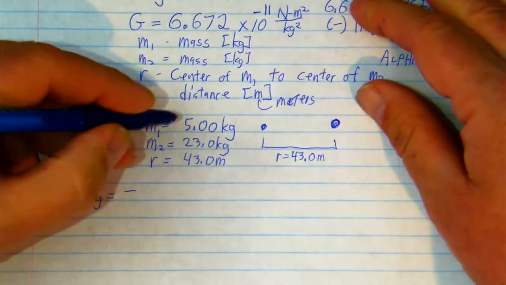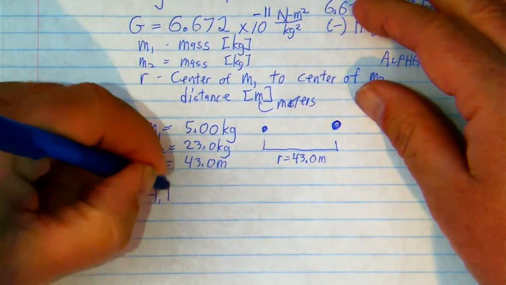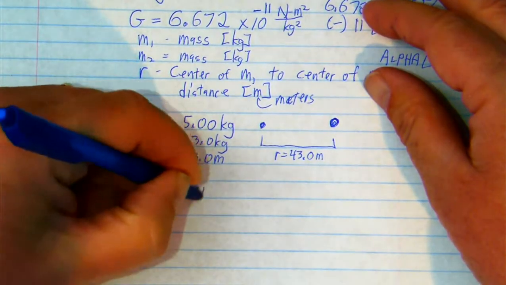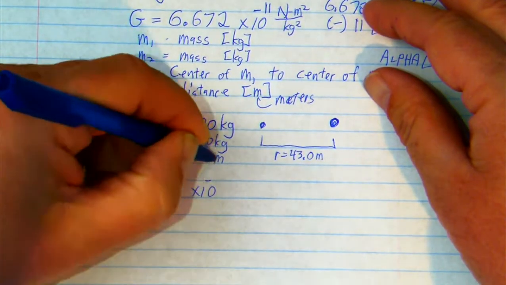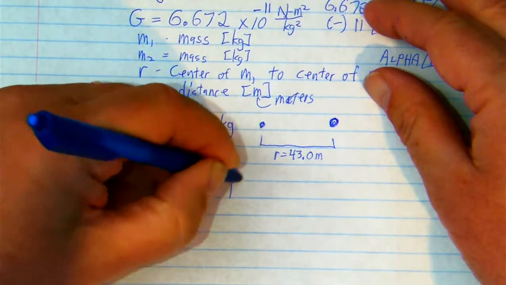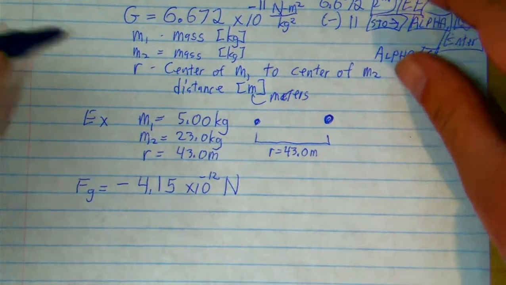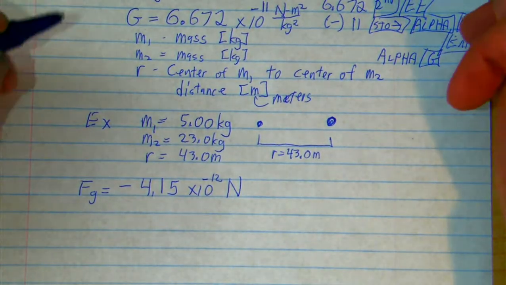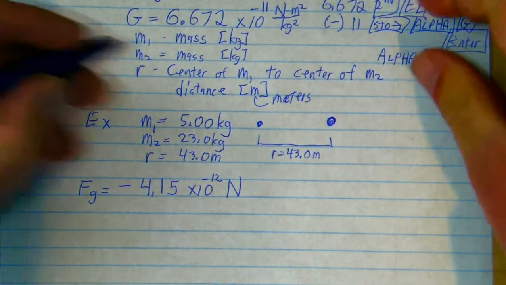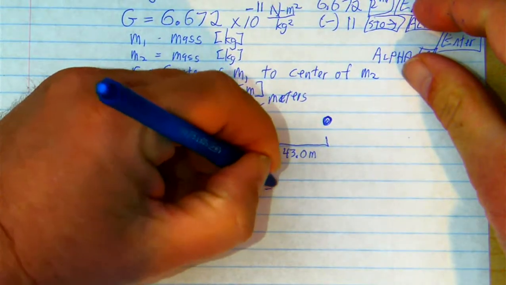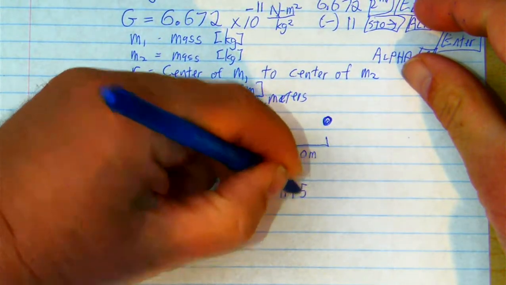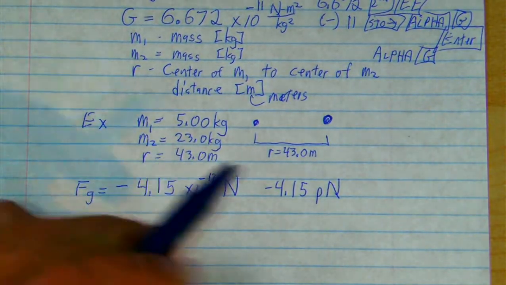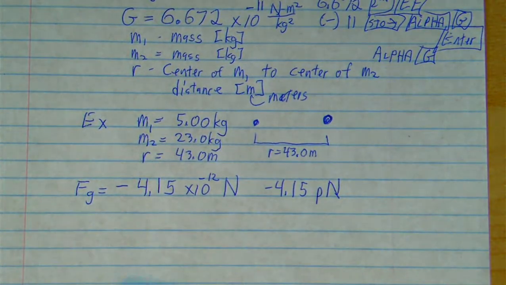And the number that we got is 4.15 times 10 to the negative 12th power newtons. Now it turns out 10 to the negative 12th power is actually one of those Greek prefixes called pico. So I could say this is negative 4.15 pico newtons is the attractive force between these two masses.